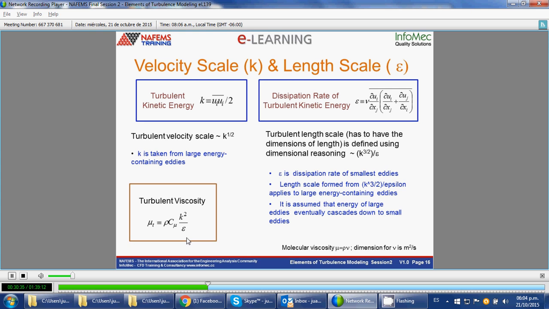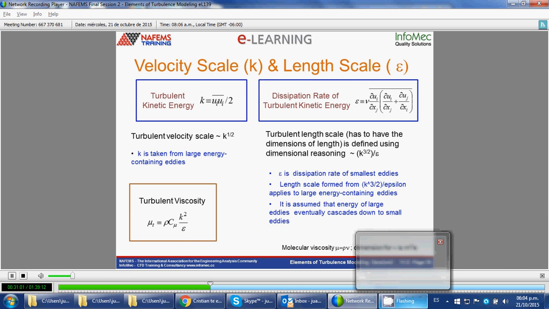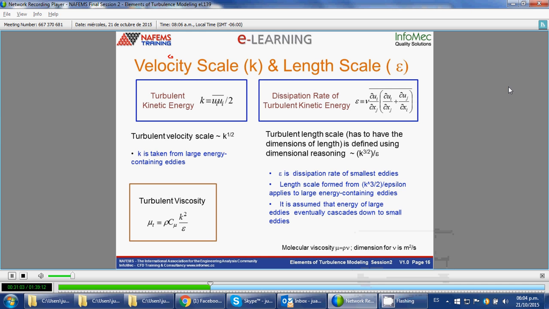K is often used for specifying the velocity scale, and epsilon is used to specify your length scale. Remember, we're doing this modeling because of the problem we have at the smallest scale. So large scale, yeah, we need to model, but the small scale was the one causing us problem.